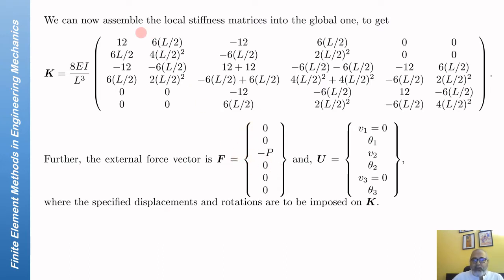And then we will have to make the first column and first row completely equal to 0, and the corresponding column and row for v3 completely equal to 0.